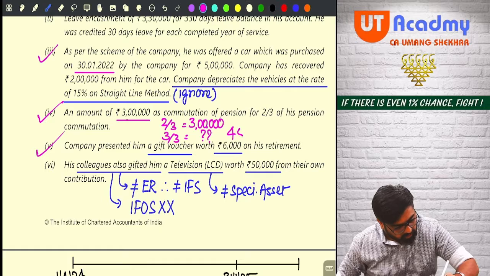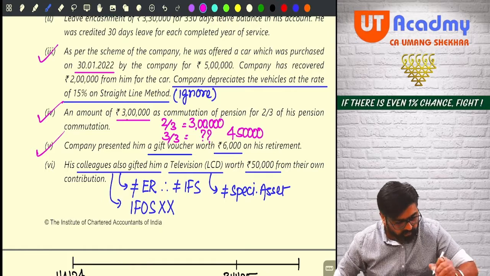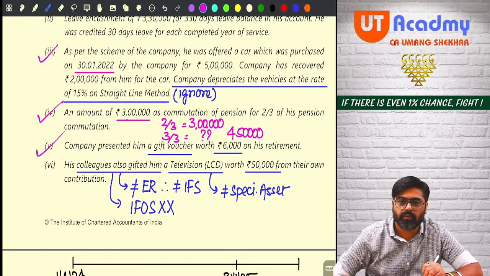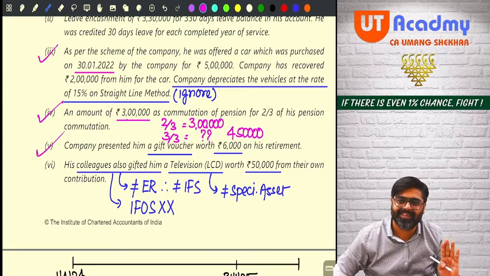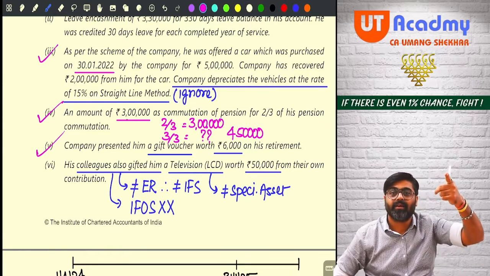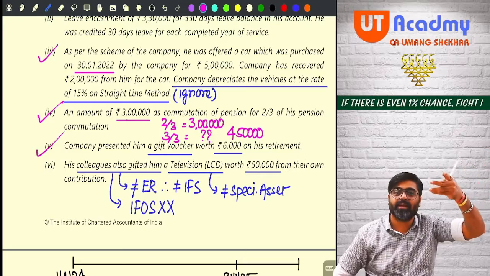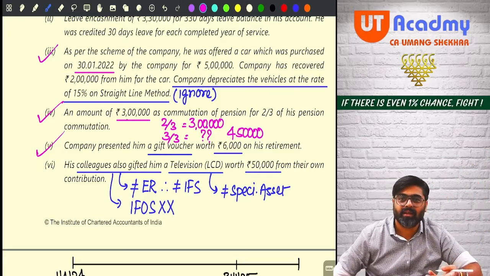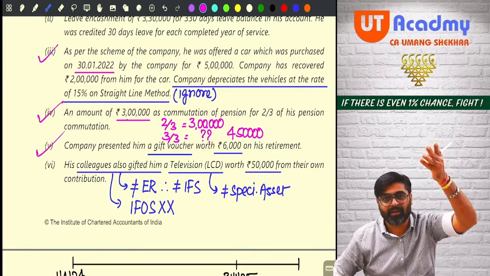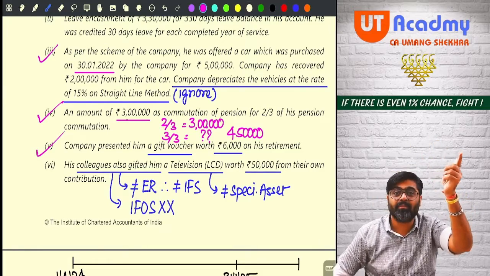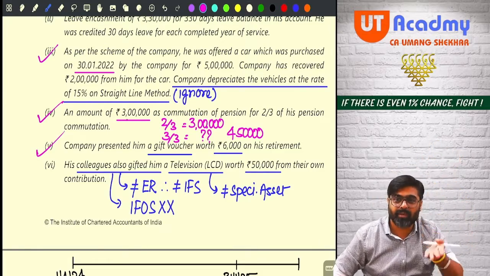Can I say 4,50,000? 2/3 will be divided. 3 lakh into 3 by 3 divided by 2 by 3. 3 will come upside. So 3 lakh into 3 will become 9 lakh divided by 2 will be 4,50,000.